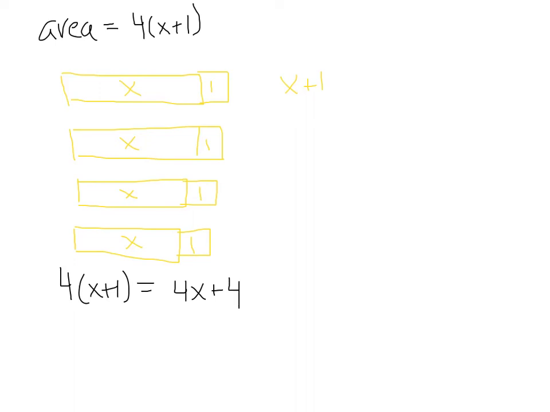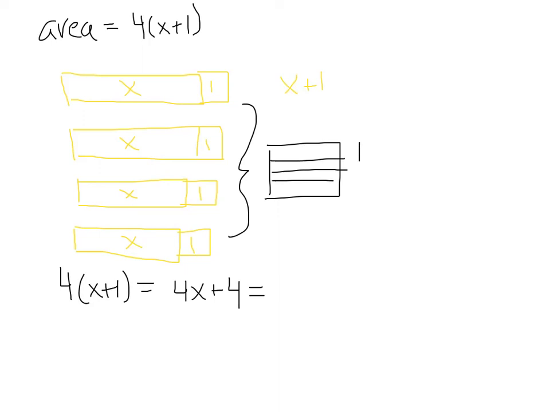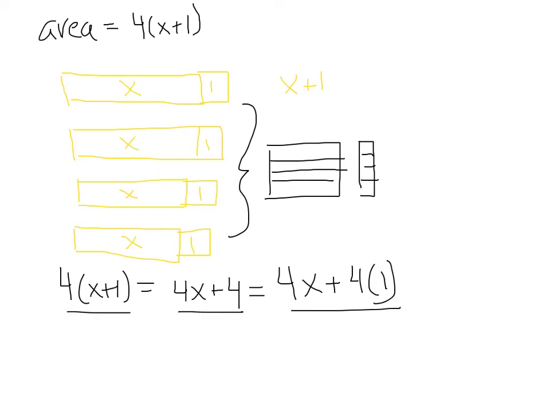The other way I could write that out is I could rearrange it differently, and I could show, well, if I had a group here and I arranged these exact same tiles into a group that had 4 x's, 1, 2, 3, 4, and then 4 single units right next to it, 1, 2, 3, 4, that would show that I can also have this area 4 times x plus 1 represented by 4 times x plus 4 times 1. Different ways of representing the exact same amount.